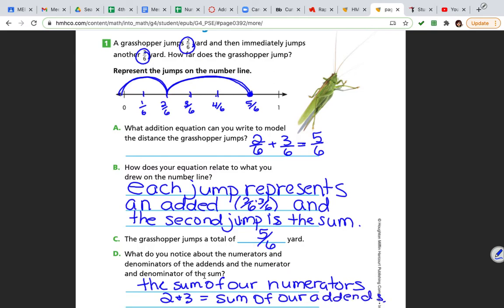So 2 and 3 equals 5, and that is the sum of 2/6 plus 3/6. The denominator doesn't change. We do not change it when we have like denominators. Really easy to add fractions when the denominator is the same.